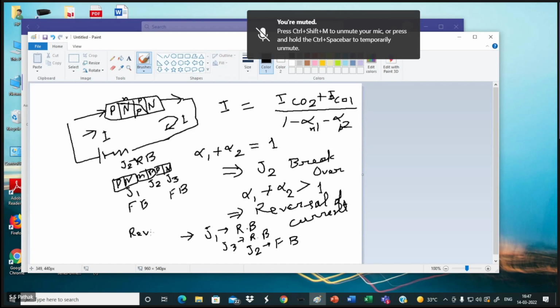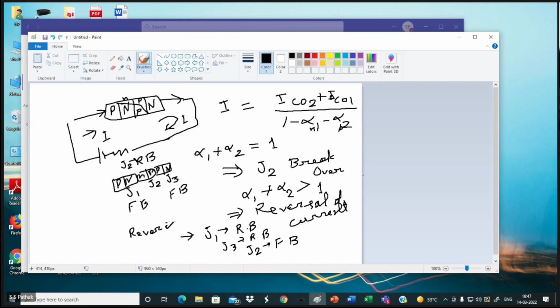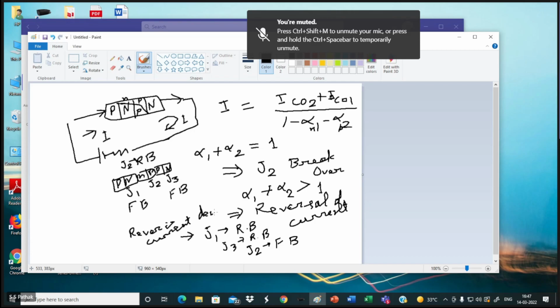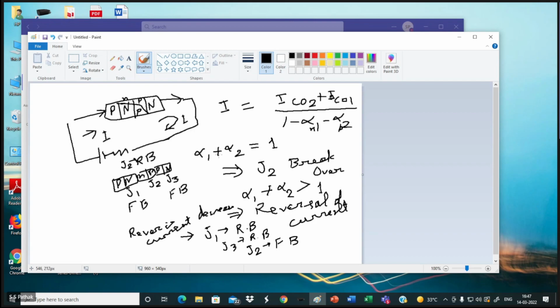Reverse current decreases. See, when alpha 1 or alpha 2 became slightly greater than 1, reverse current was also very high. So because the reverse bias conditions become stronger and stronger, current is decreasing.